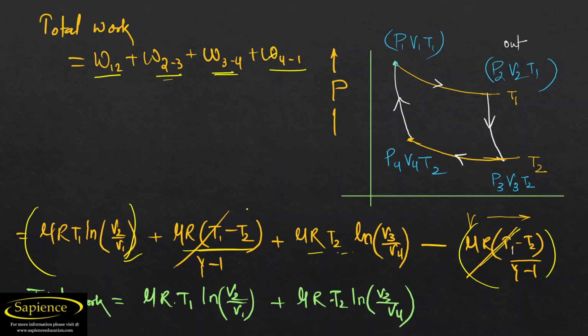So this one gets cancelled out. Finally, the total work will be equal to mu R T1 ln V2 by V1 plus mu R T2 ln V3 by V4.